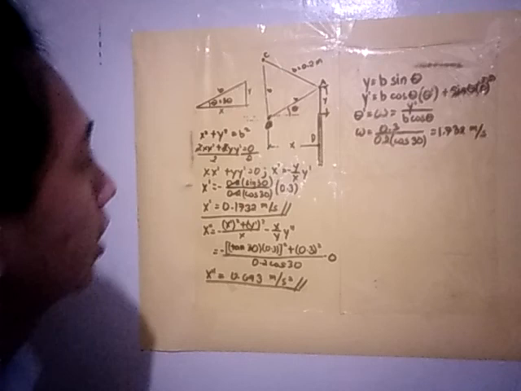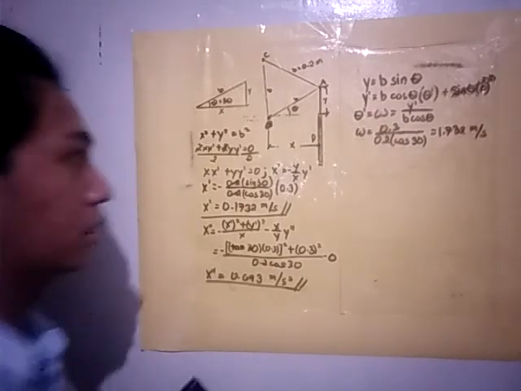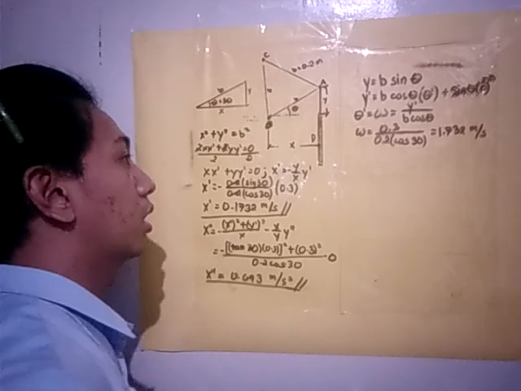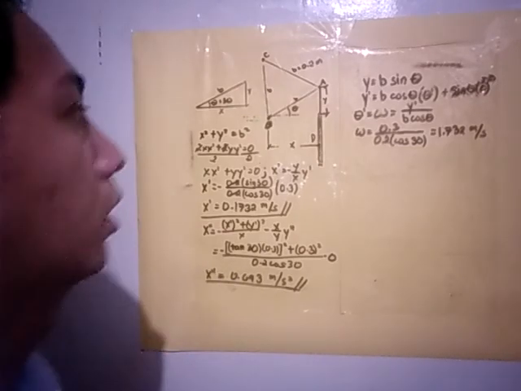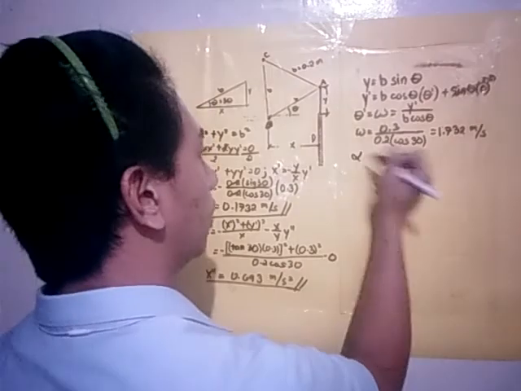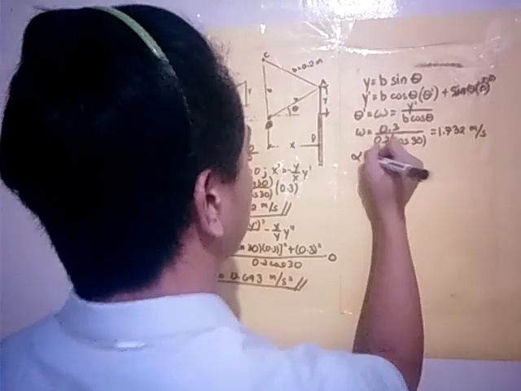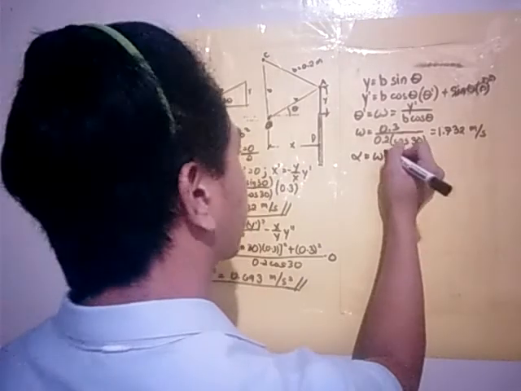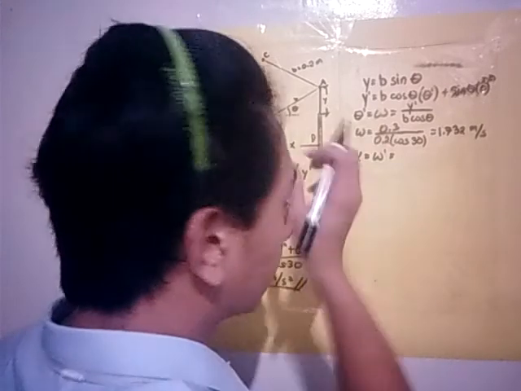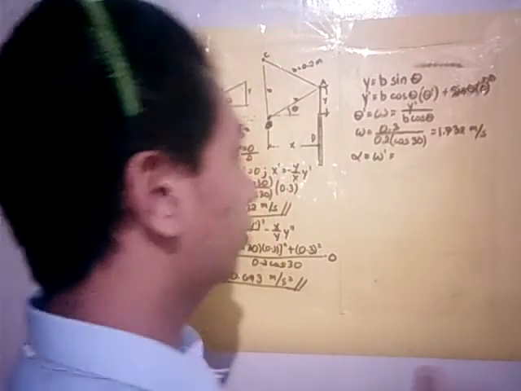So next is our angular acceleration. Ano na natin na ang ating angular acceleration ay equals the first time derivative of our angular velocity. So alpha, or our angular acceleration, is equal to the first time derivative of our angular velocity, which is also equal to the derivative of y prime over b cosine theta.